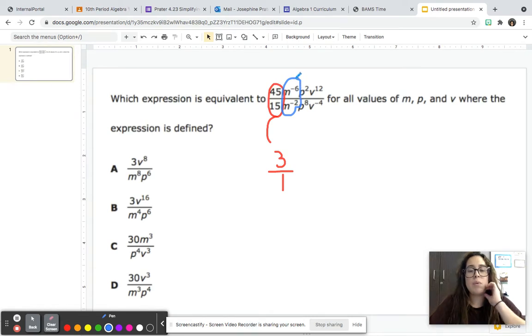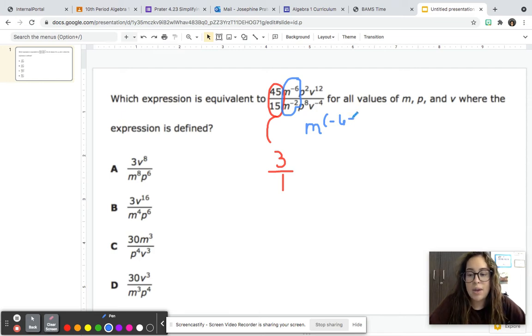When it comes to variables with exponents that are being divided, we have to subtract those exponents. So this becomes m to the power of negative 6 minus, this is a minus, negative 2.